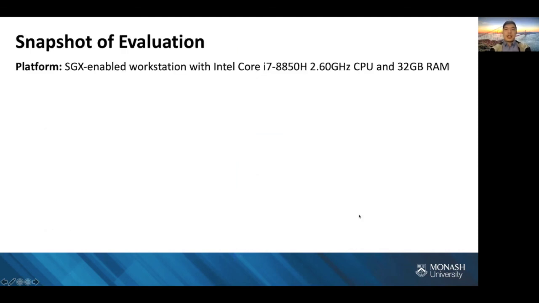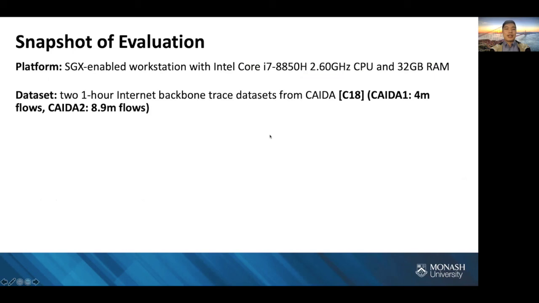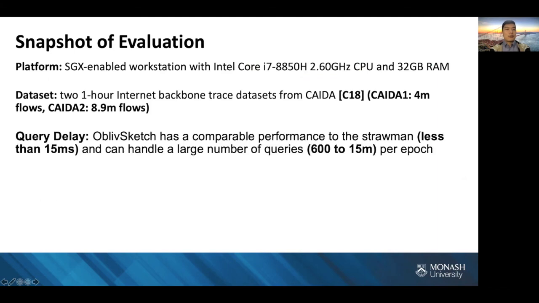We evaluate our system on an SGX-enabled workstation, and we use 2 datasets from the CAIDA Internet Trace, which contain millions of flows. CAIDA 2 has 2 times more flows than CAIDA 1. Our results show that OblivSketch can answer a large number of queries per epoch, from 300 to 50 million per epoch, depending on the query type.